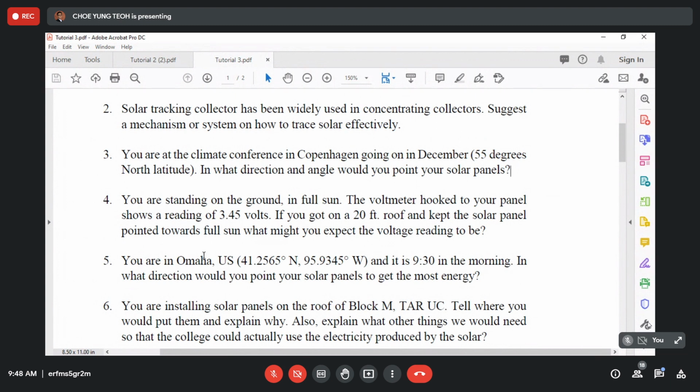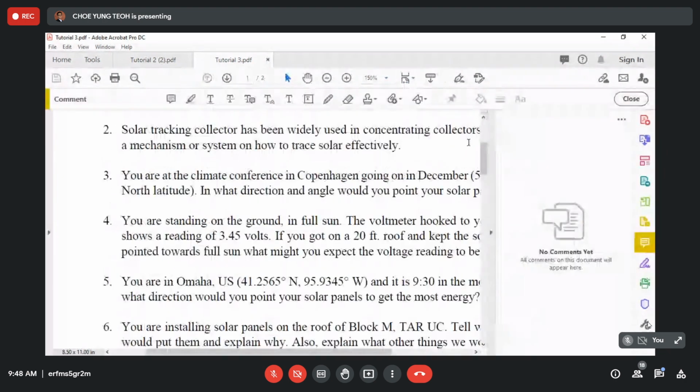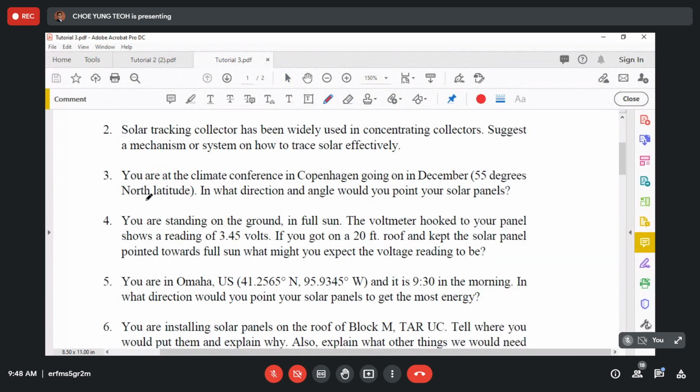First, direction. Where do you want to point? You want to point to the north, east, west, south, or in between them? South. Okay, that's very correct. You face the south. The reason is the location is located 55 degrees north.